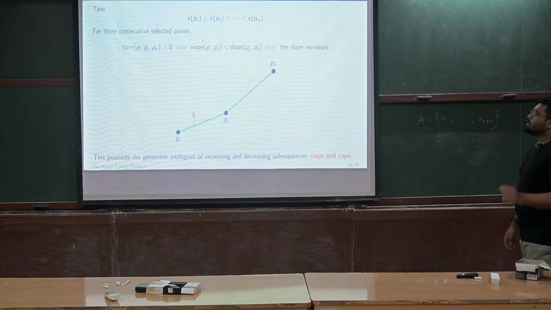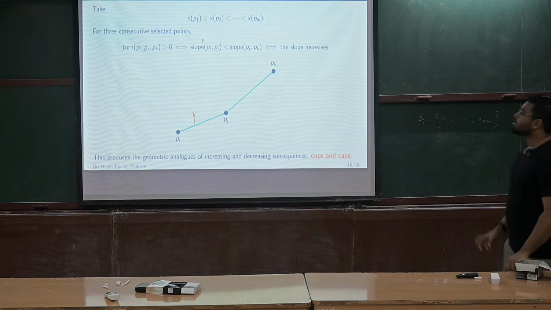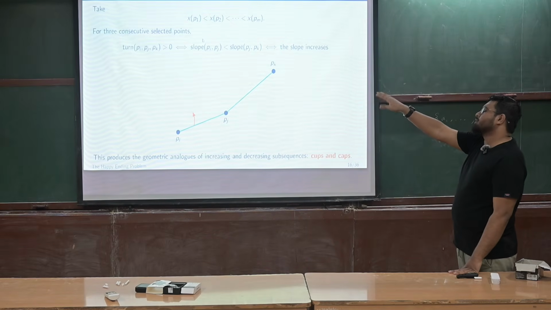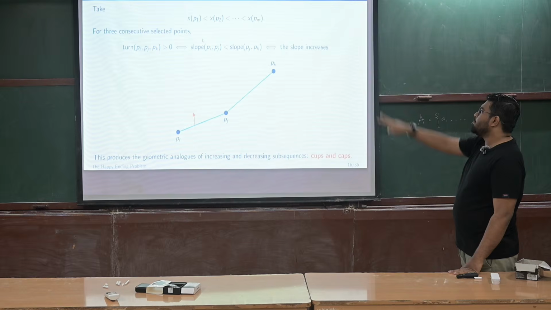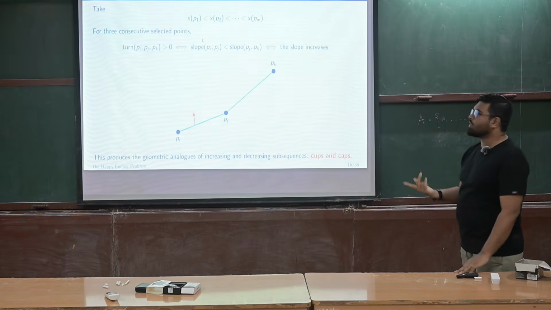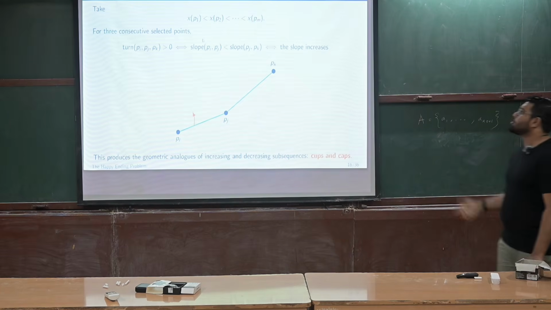Now for any 3 consecutive selected points, define this thing called turn, which takes 3 of these points. The value of turn is greater than 0 if the slope of pi, pj is less than the slope of pj, pk, and vice versa. It's less than 0 if the slope of pi, pj is greater than the slope of pj, pk.